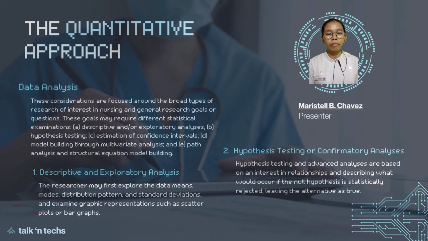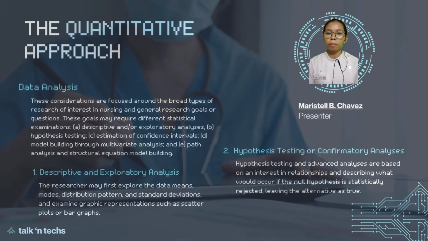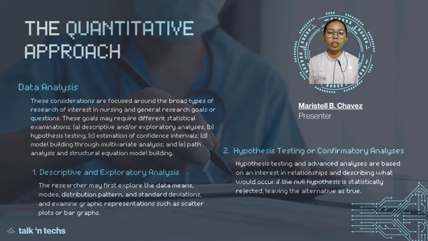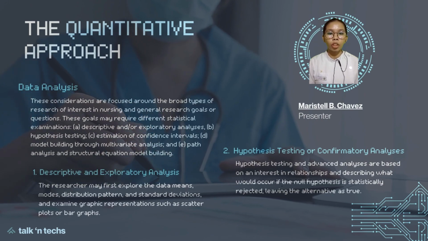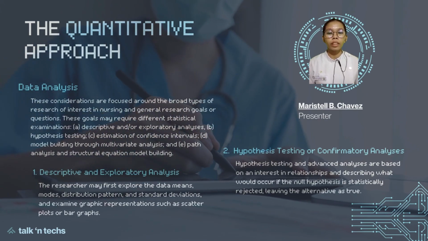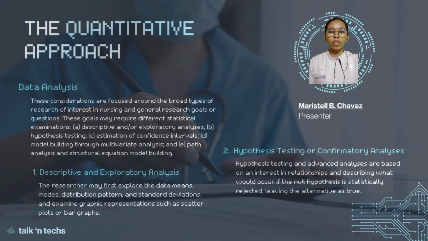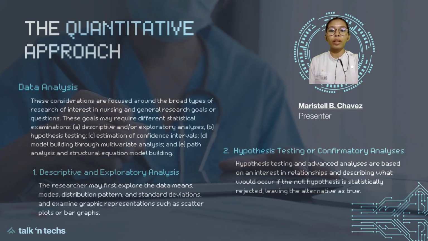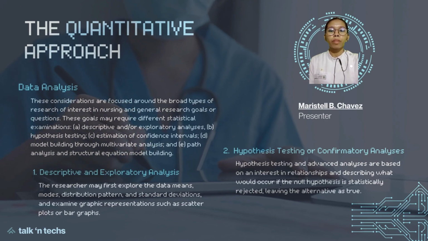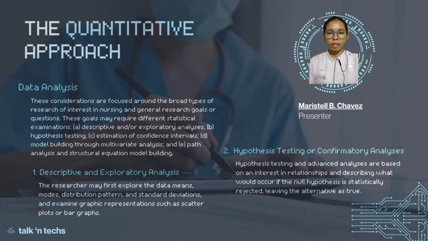First, we have descriptive and exploratory analysis. The researcher may first explore the data: means, modes, distribution pattern, and standard deviation, and examine graphic representations such as scatter plots or bar graphs. Tests of association or significant differences may be explored through chi-squares, correlations, and various univariate, bivariate, and trivariate analyses, and an examination of quartiles.